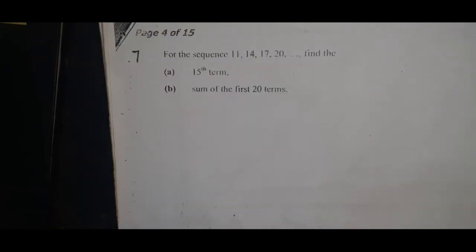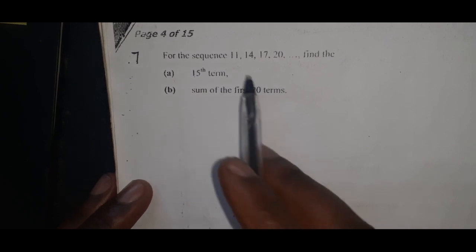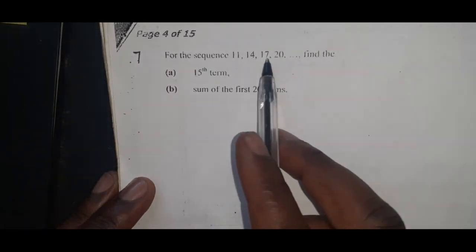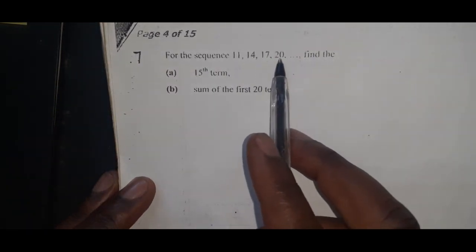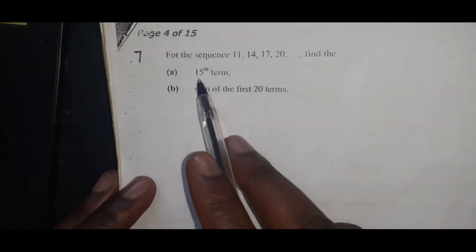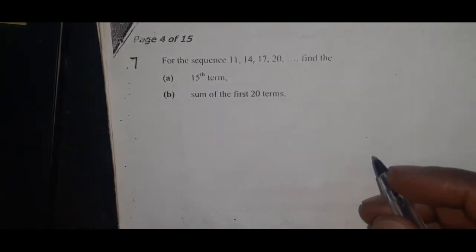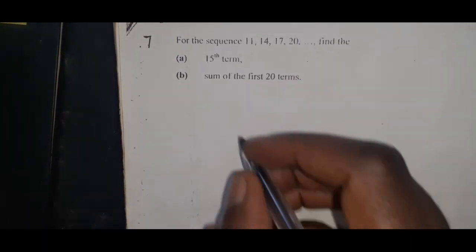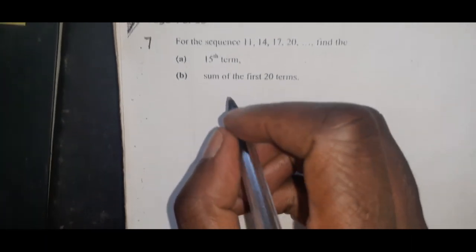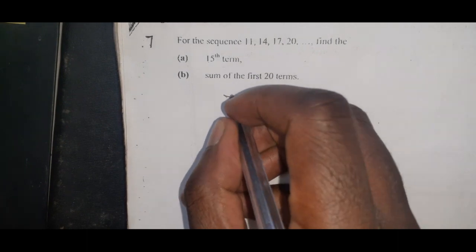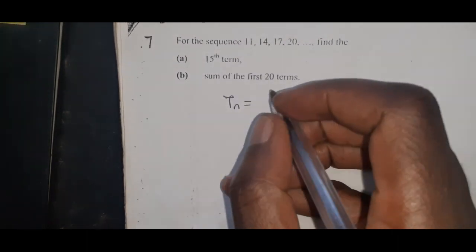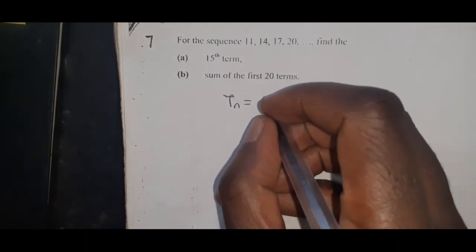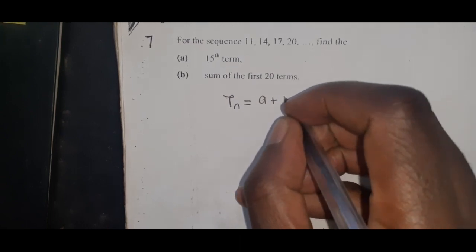We come to question 7. For the sequence 11, 14, 17, 20, find the 15th term. So for the nth term of an AP, we use the formula Tn is equal to a plus (n minus 1)d.